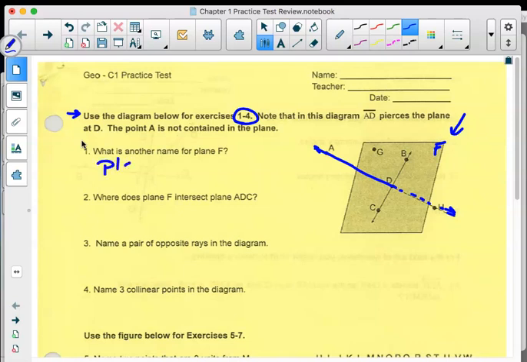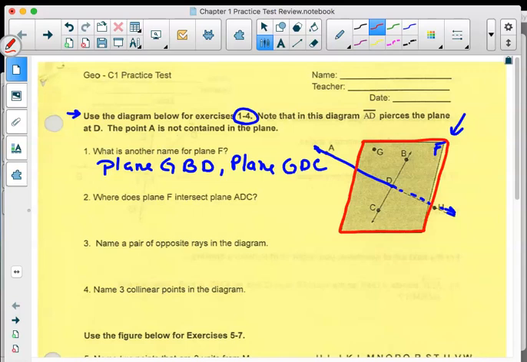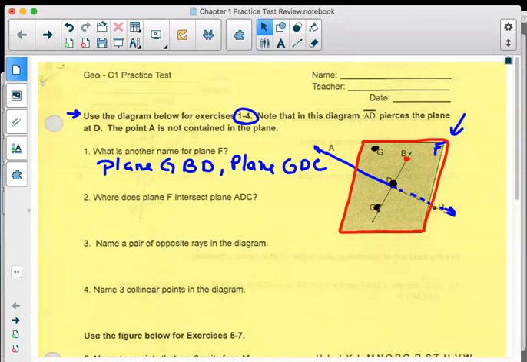So we have plane GBD, for example, or we could have plane GDC. But in this case we have to have G included, because this is the plane we are talking about, and these are the letters G, B, D, or G, D, C, 3 non-collinear letters.